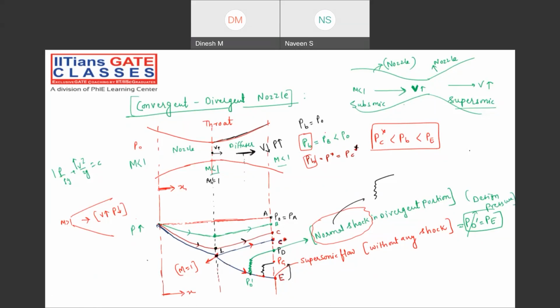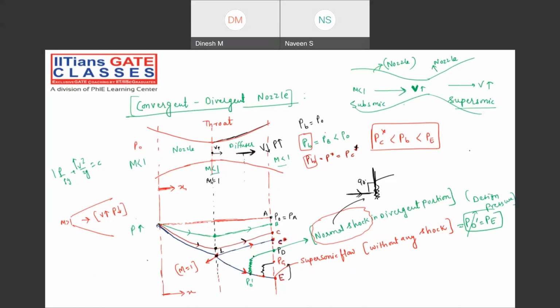But this disturbance has been created in the flow direction, whatever the flow direction is, and that disturbance direction is perpendicular. That's why the naming has been given normal shock. Understanding my point? Whatever the plane of shock will be, that is perpendicular to the flow direction.